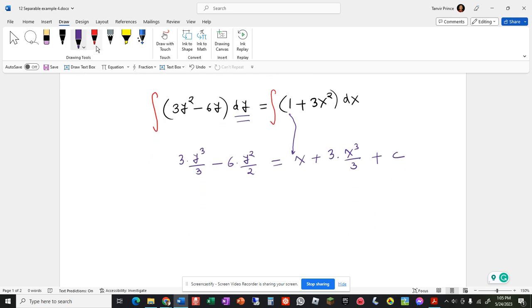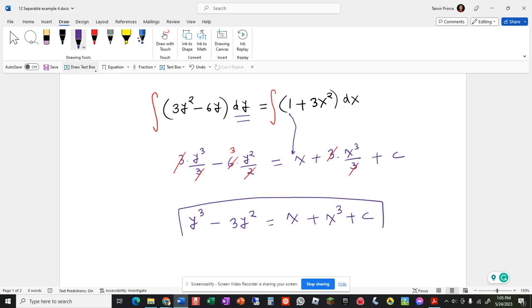Let's simplify a little bit. I can cancel out 3 here, and 2 goes into 6 three times. A little bit of simplification, so I get y cubed minus 3y squared equal to x plus x cubed plus c.